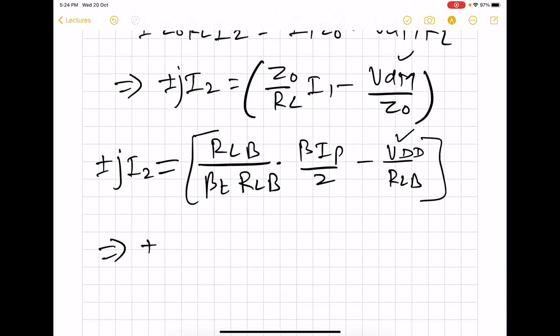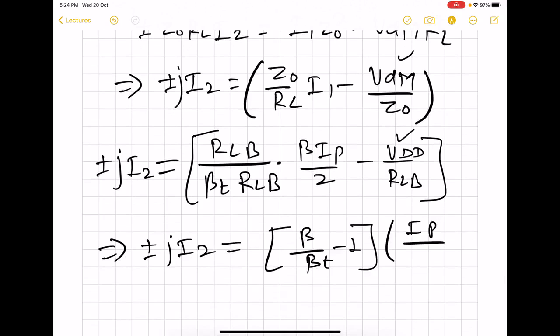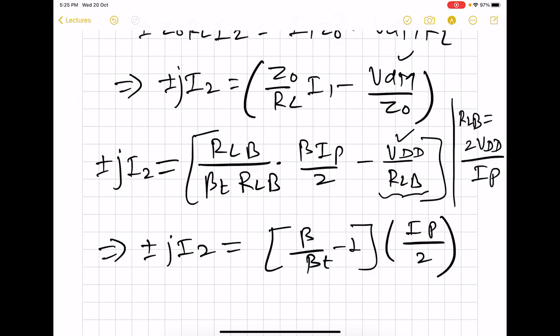So we can now do the manipulation and write the final value as beta by beta T minus 1 into IP by 2. And we will have to eliminate this whole factor or rewrite it in terms of IP. Recall that RLB was defined as the load for class B when the swing is maximum, and it turns out to be of this form.